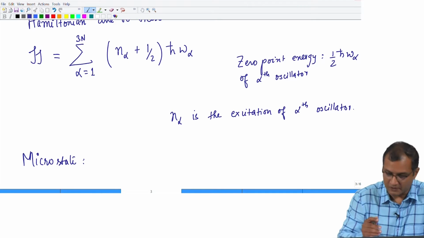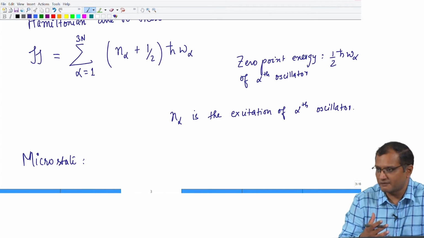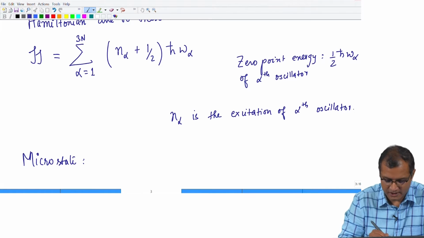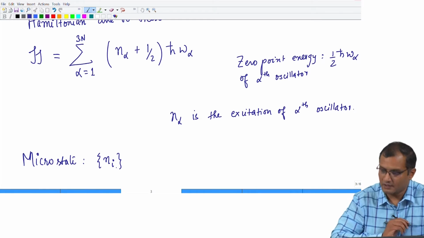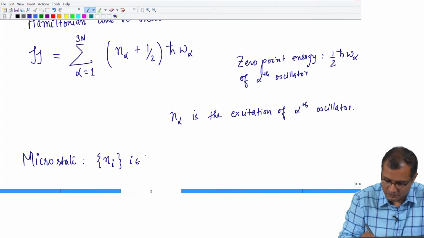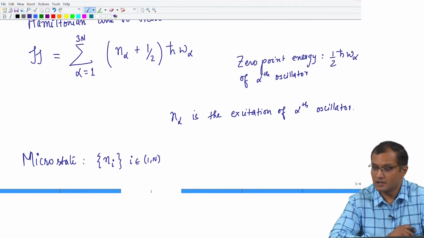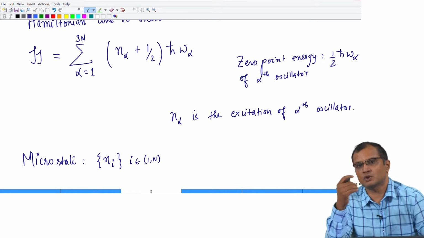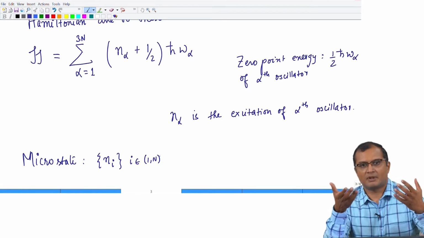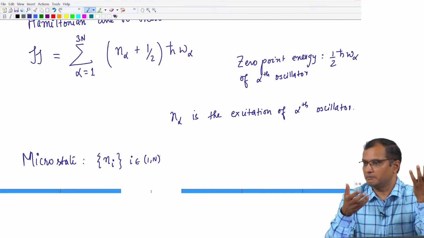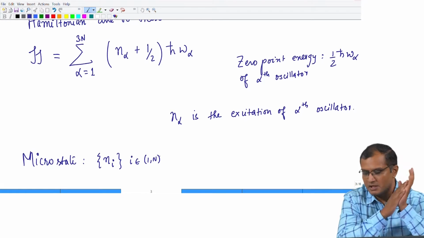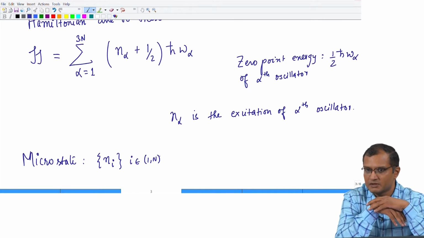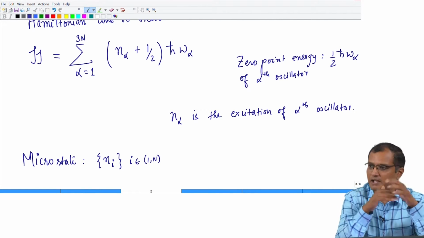Now, this is where the question of what n alpha is becomes more clear. The microstate here is nothing but the set of these excitations. Suppose you take the ith oscillator to be in excitation n1, the jth oscillator to be in excitation nj; these are numbers. So, a different set of numbers for each oscillator is nothing but a microstate of the system.